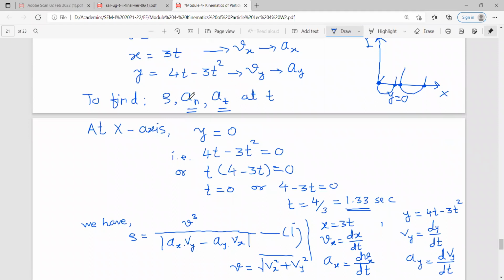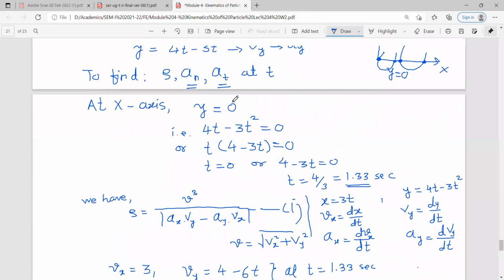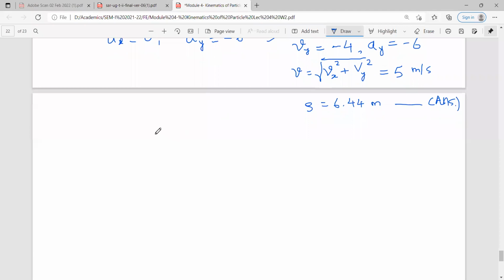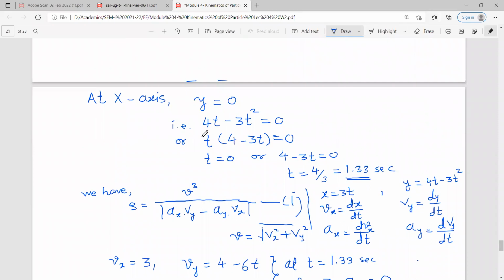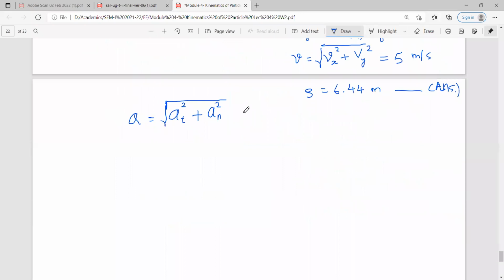Okay, we know that these two components have the relationship like this: total acceleration is equal to the square root of tangential component squared plus normal component squared. So what we have to find out is the normal component and the tangential component. Say this is equation 2.